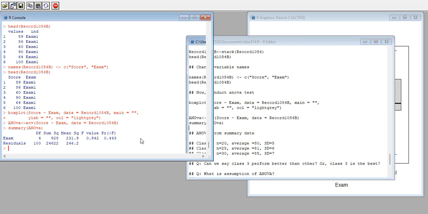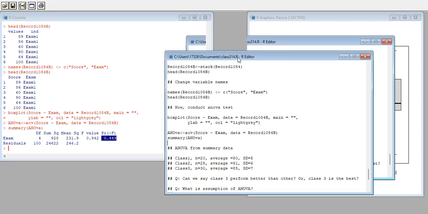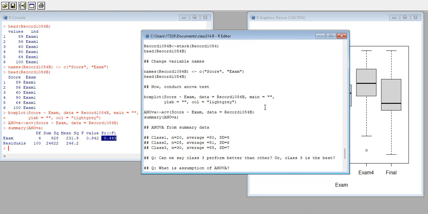The formal check is from here. We can find the p value is really big. So we cannot say there is a difference. Their difference is not so significant.